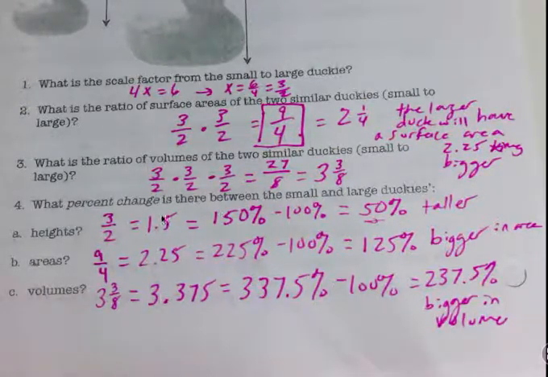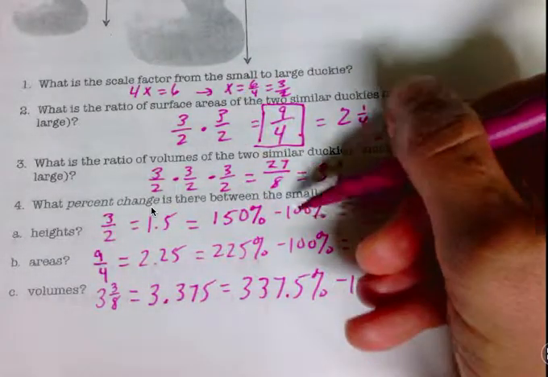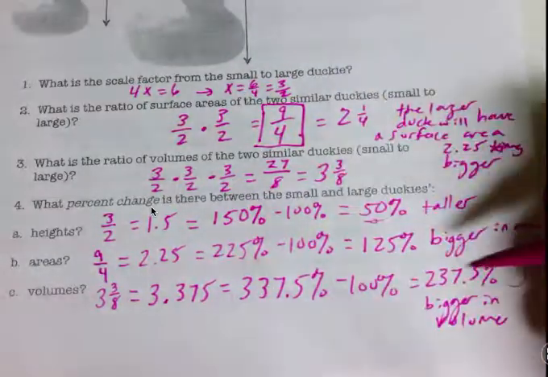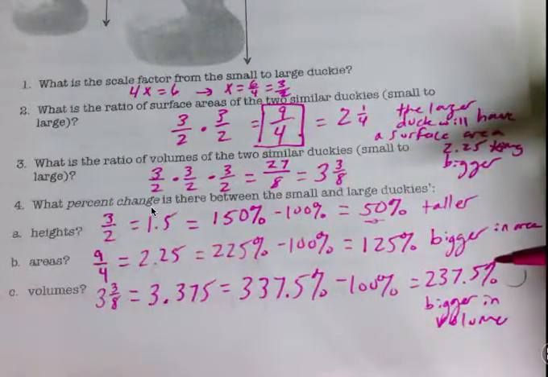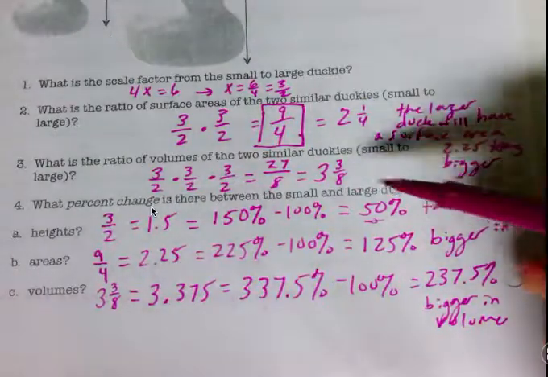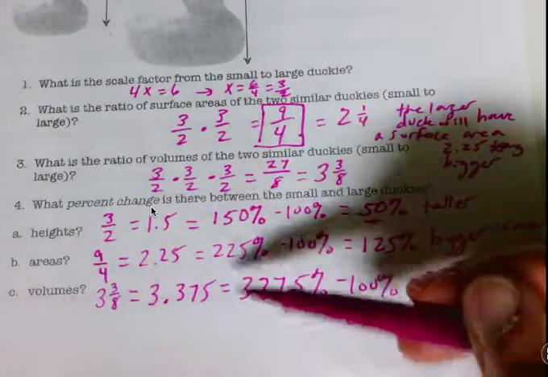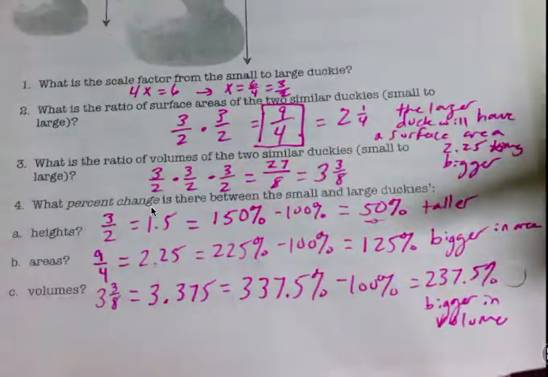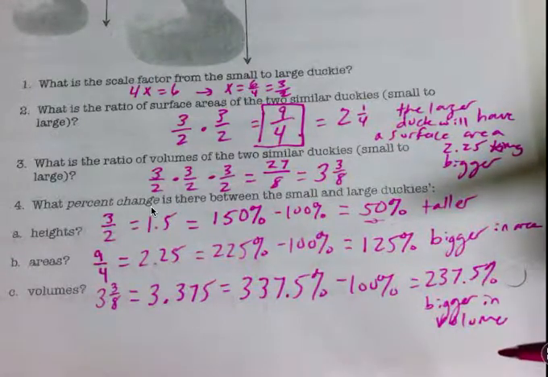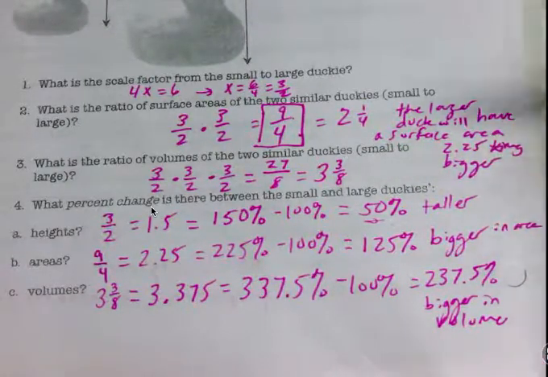And then thinking about percent change is a nice bonus practice for us here to consider how language really matters, and that change really emphasizes the fact that we need to think about removing that original 100% in order to think about what's changed here. If it just said what percent of the original is the large to the small, then we would stick with these original figures. But thinking about percent change means we have to think about removing that. And this is a lot of thinking through what the question is asking.